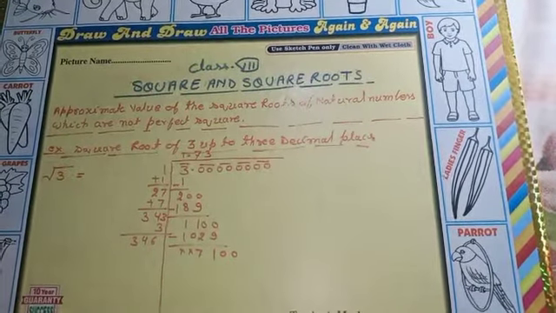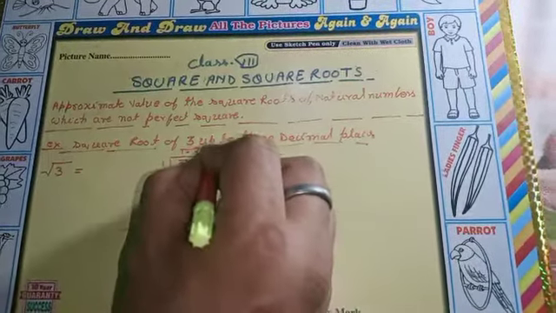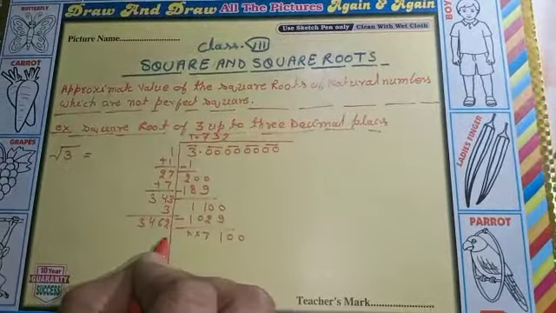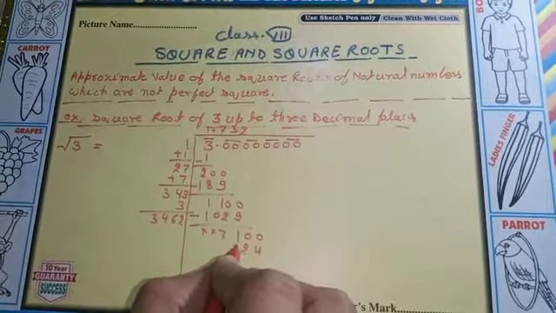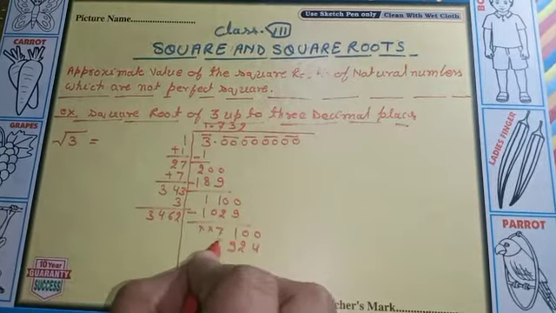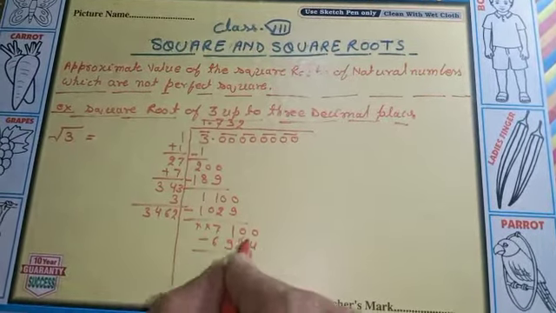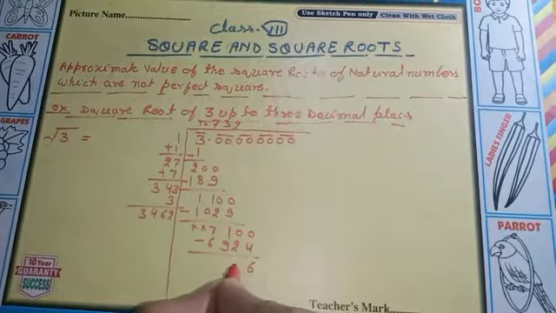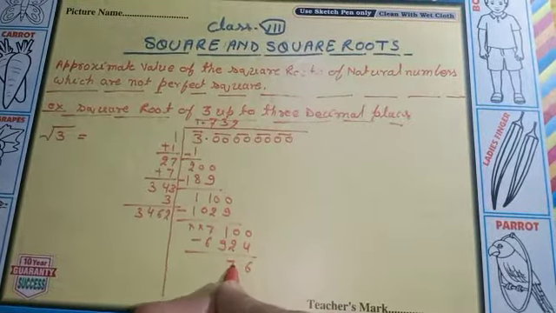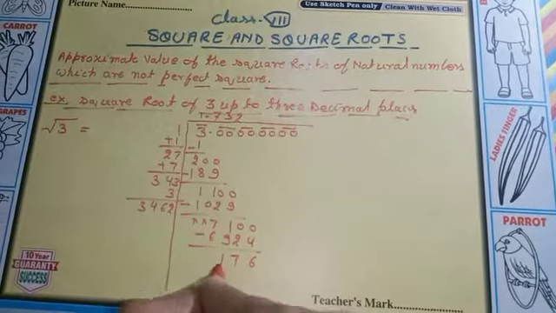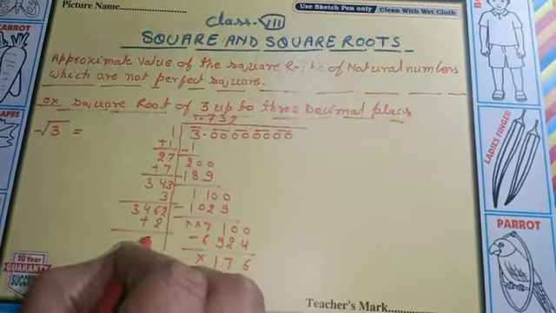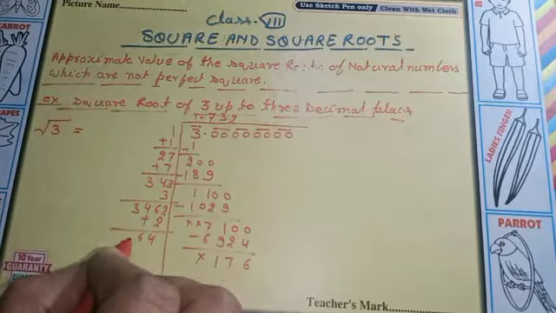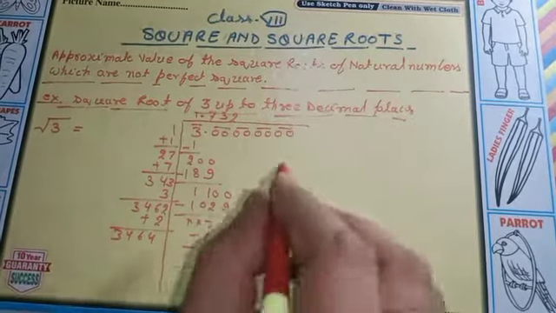Now 3 times 2 is 6, here 2, 2 times 2 is 4. Make subtraction. Now here 2 plus 2 is 4. Now the next pair.